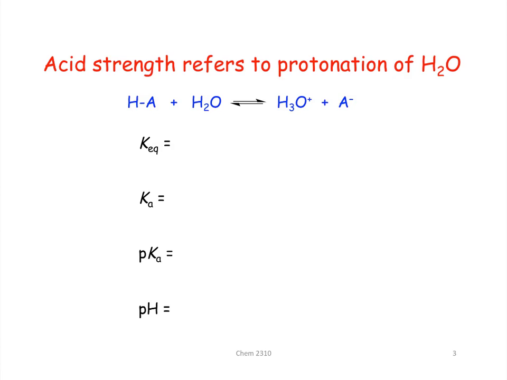So remember that the equilibrium constant is represented by the concentrations of the products over the concentrations of the reactants, each concentration raised to the power of its stoichiometric coefficient. So these are all ones, so we don't have to worry about that here. So we have the products over the reactants.